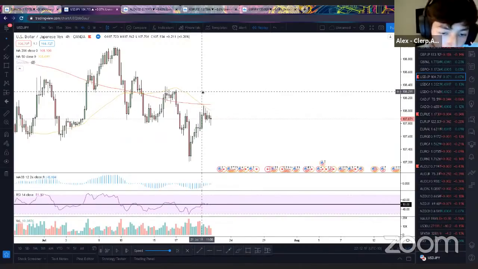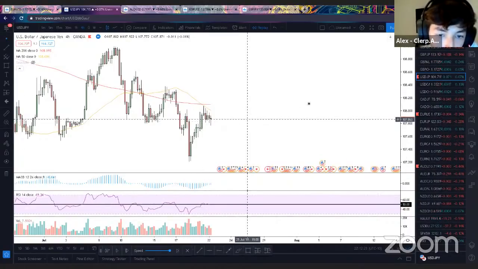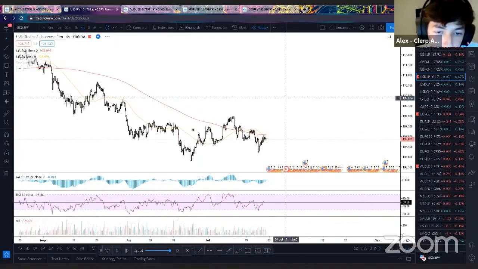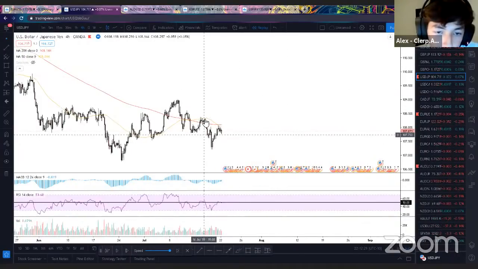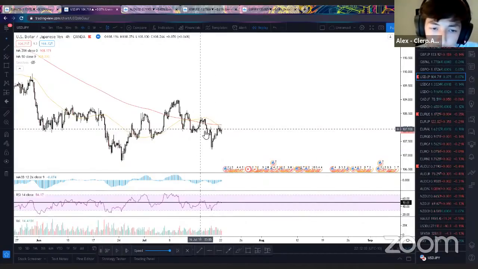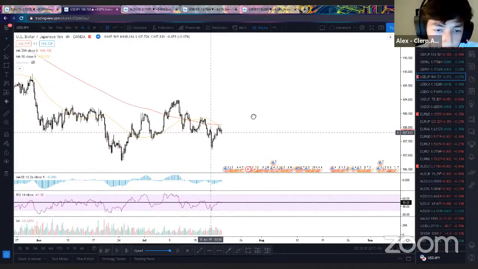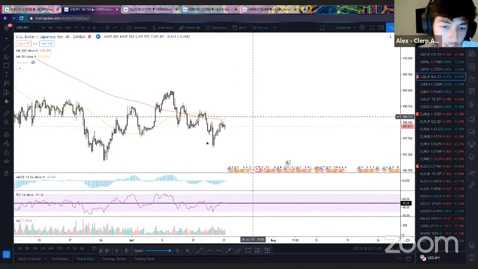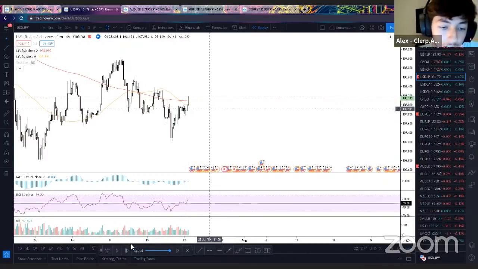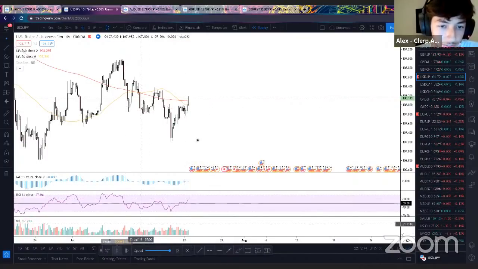The crossover did happen, but the RSI looks like it's going above the 50. It is in a downtrend on the daily. Lower low, lower high, lower low, and then a higher high, almost a double top. But here, I'm gonna try and check the next candle. Yeah, I'm not gonna take this trade.